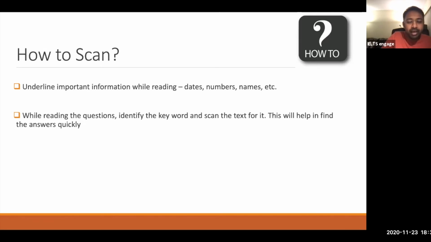And when you read the questions, you can go back to that part in the passage to identify your answer. That way you can do it really quickly. You don't need to read a lot to identify the answers. It just needs to be a quick glance to locate the answer, and then write it in your question paper or your answer sheet.